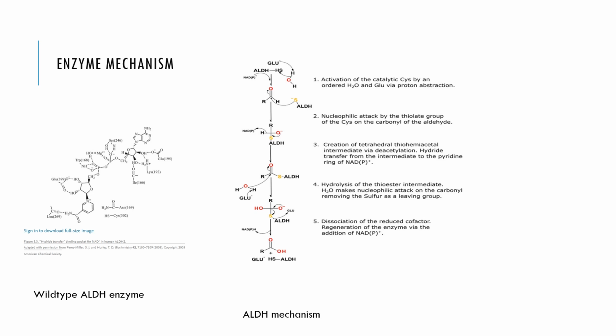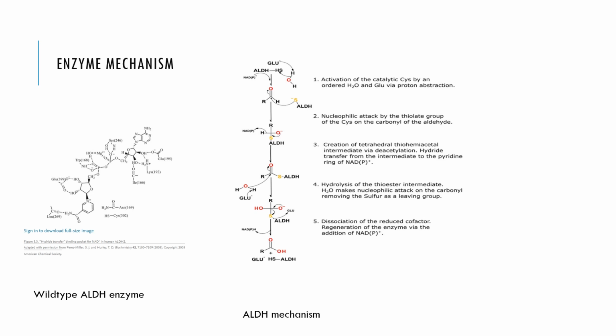Because of the negatively charged glutamate, there is a proton transfer that activates the cysteine thiolate. The cysteine thiolate then launches a nucleophilic attack on the carbonyl carbon and forms a tetrahedral intermediate that collapses. The hydride that is removed reduces NAD+ to NADH.